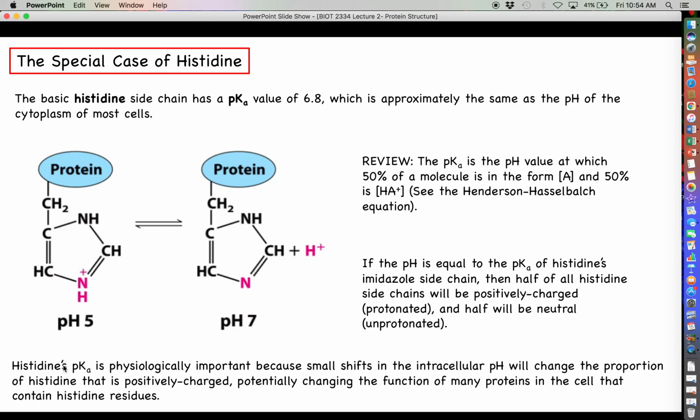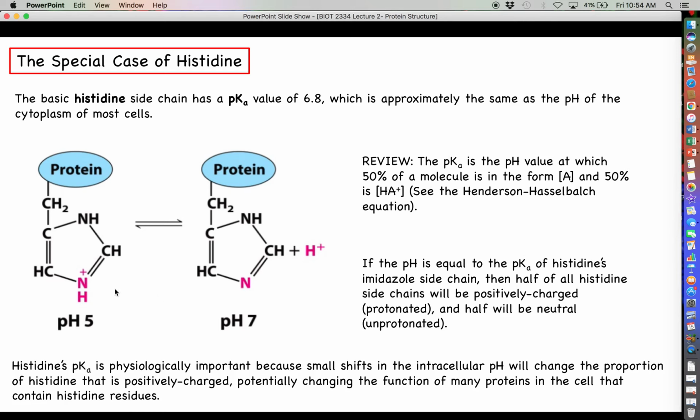Because those pH values are so close to the pKa of histidine, any protein in the cell that has histidines is going to have a pretty equal proportion of histidines that are positively charged and histidines that are not. So if inside the cell there is some momentary change in the pH, whether it becomes more acidic or more basic, that's going to be very significant because it's going to change the proportion of how many of those side chains are positive and how many are neutral.